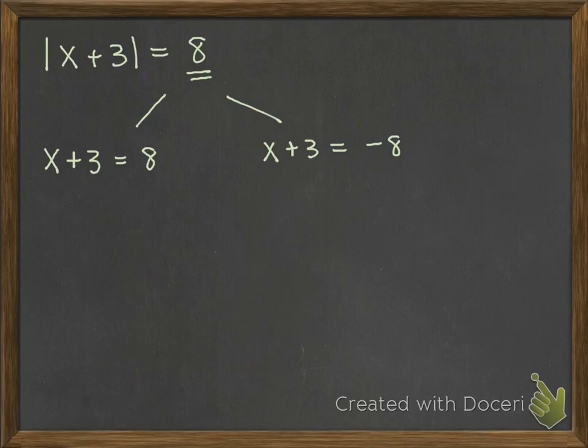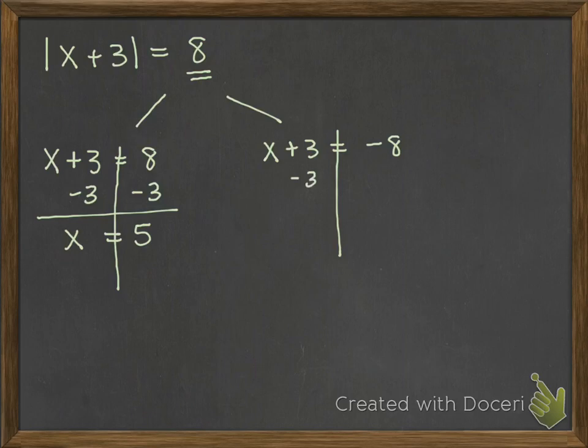So I now need to solve two separate equations. In order to solve this, I need to get the x value by itself. So I will subtract 3 from both sides. This is going to leave me with x equals positive 5. On the second problem, if I subtract 3 from both sides, I will get x equals negative 11.